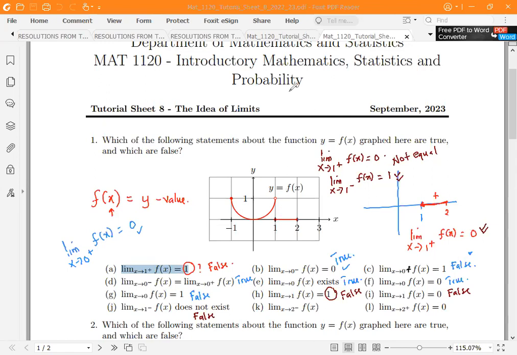Are we together? Clear. Okay. So, what about the limit?